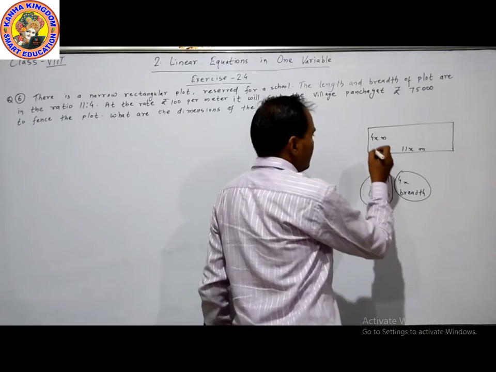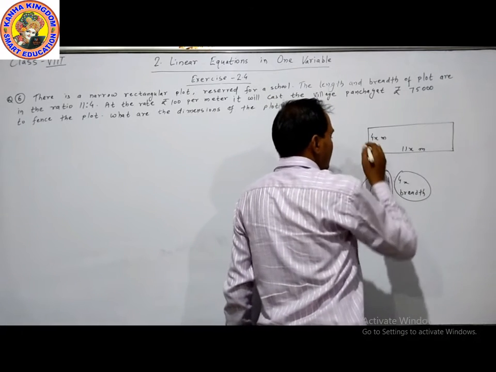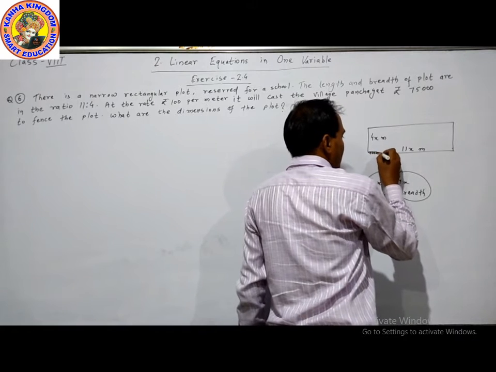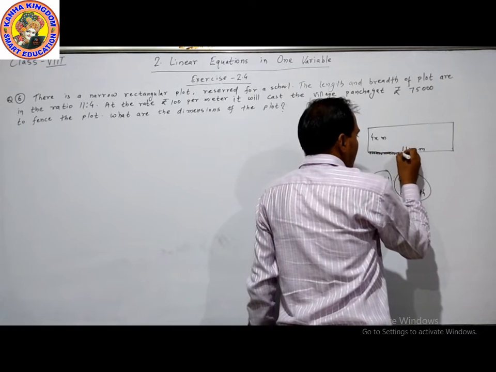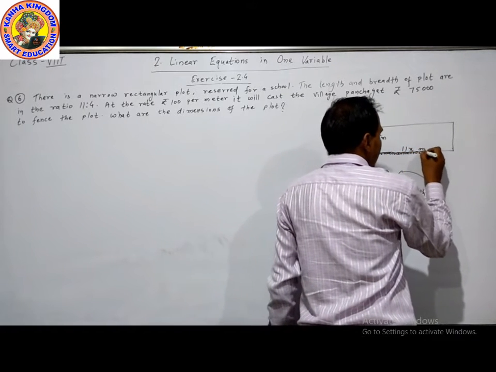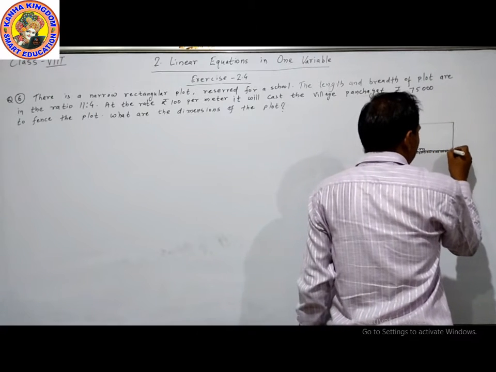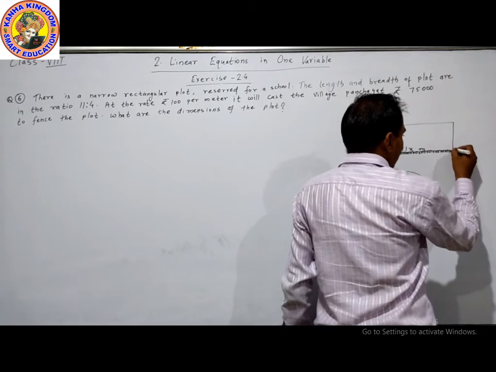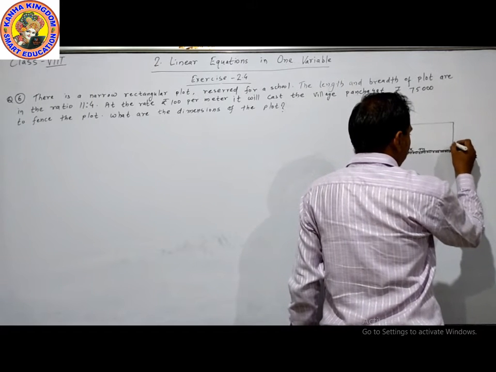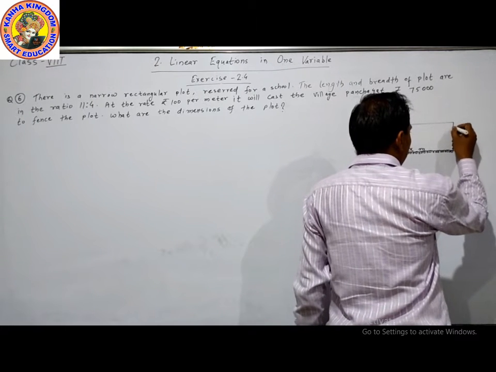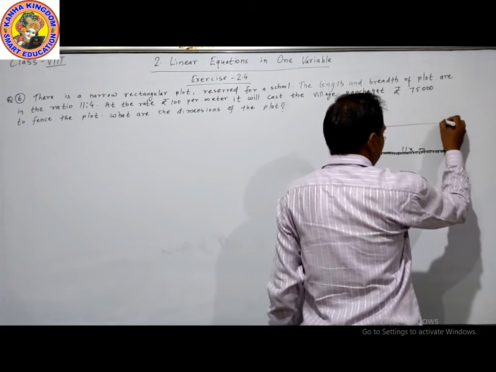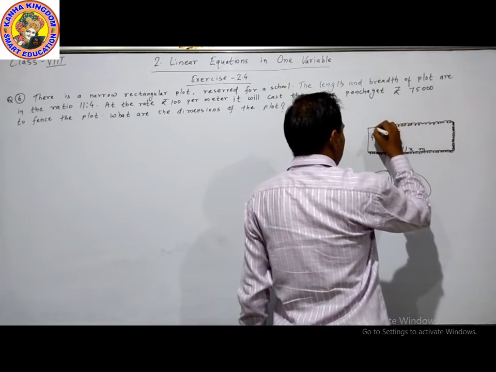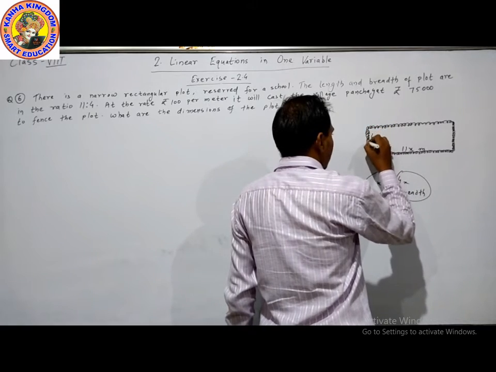We will make fencing on this. The fencing will be done on the boundary line, not on our ground. One time length, then one time width, then another length and another width.